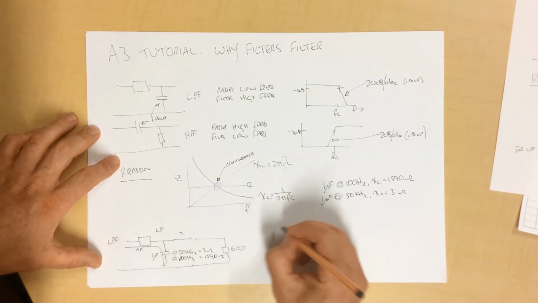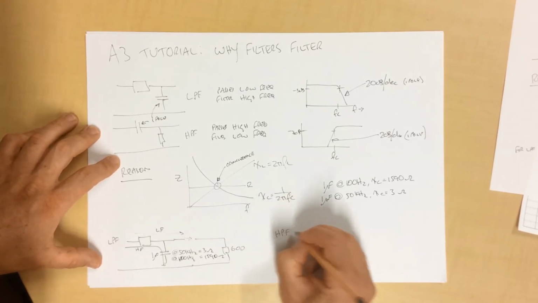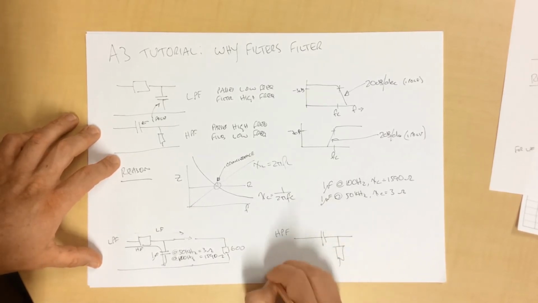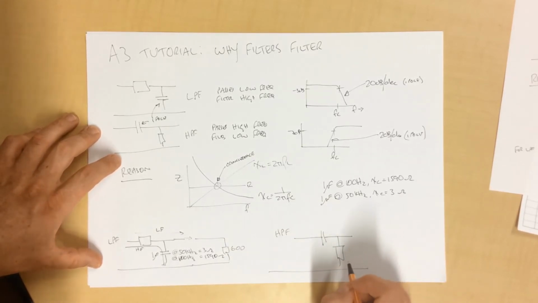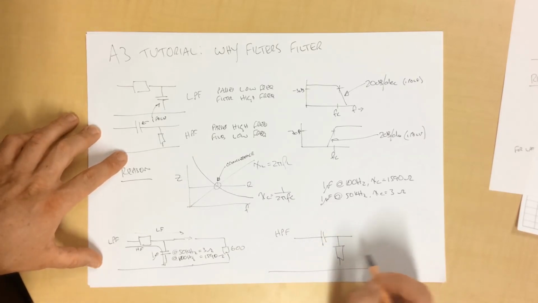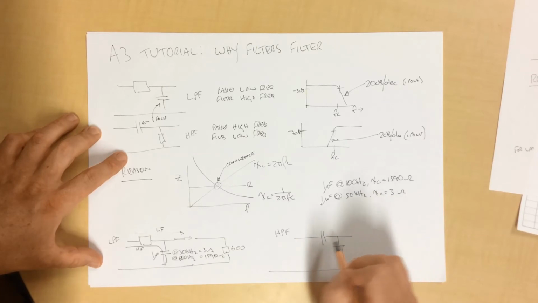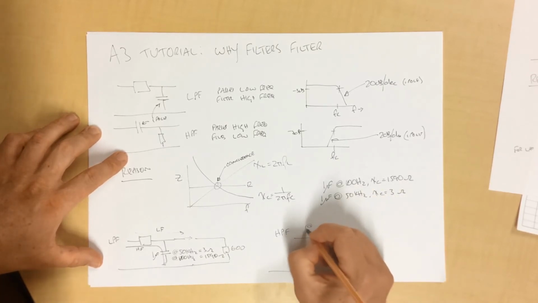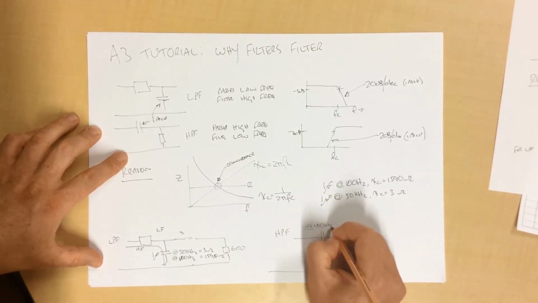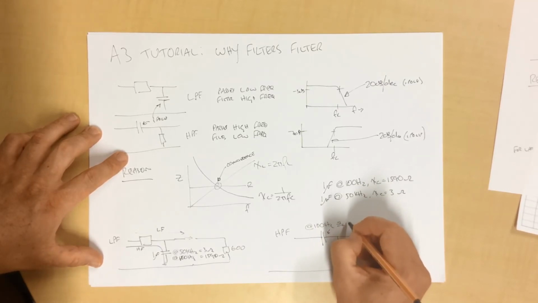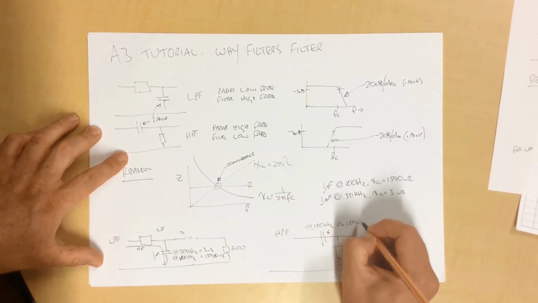Similarly with the high-pass filter, the same thing applies. For the very low frequencies, this impedance here is 1590.